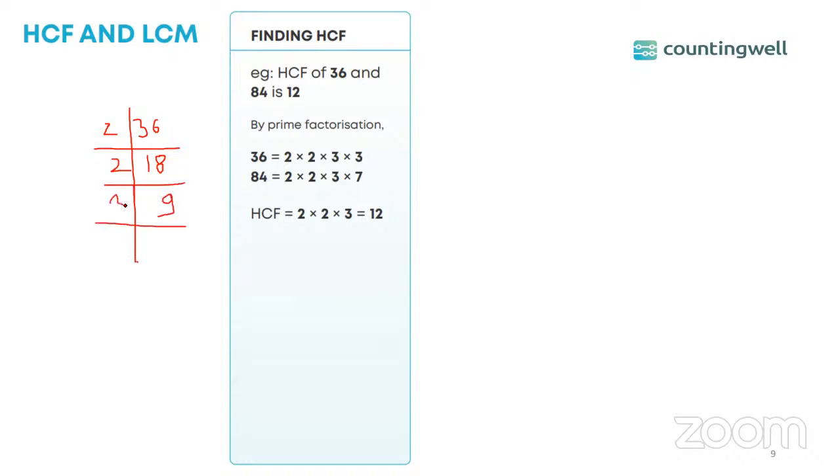Then we have 3 times 3 as 9. Then we have 3 times 1 as 3. So writing these numbers as a product, we get the prime factorization of 36. Similarly, we factorize 84 and we will get 2 times 2 times 3 times 7.